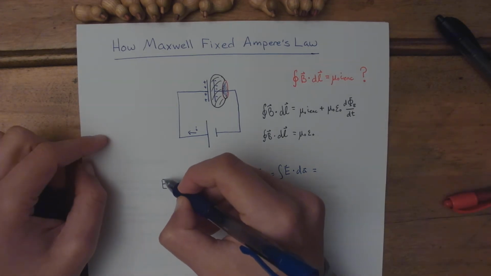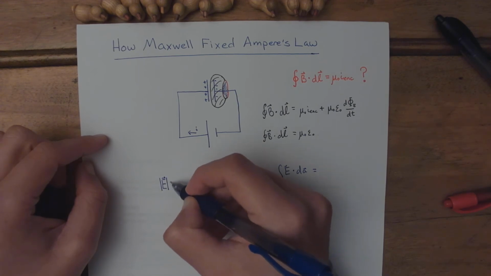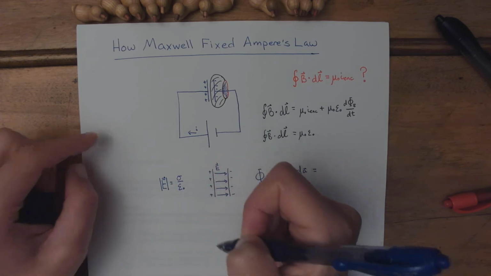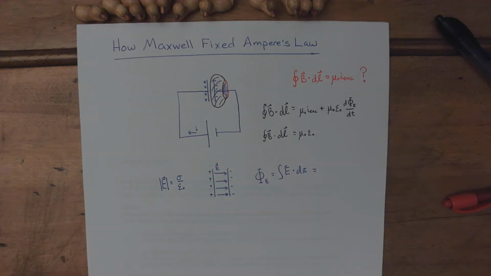Remember that for parallel plates, the electric field depends on the surface charge density, and you divide that by epsilon naught to get the electric field.